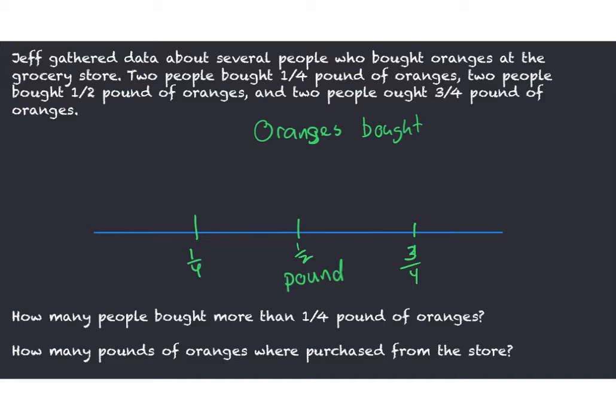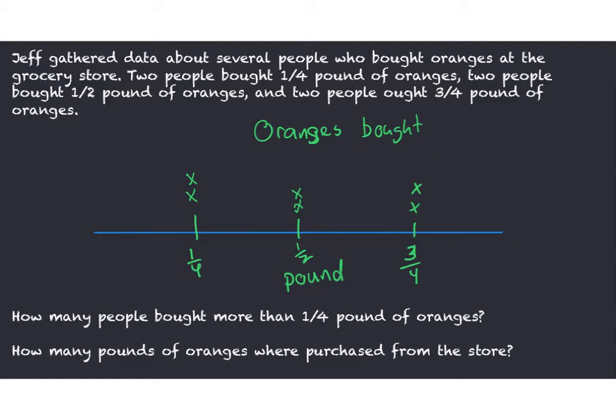Now we need to place the X's to show how often the data is represented in our situation here. And so for 1/4 of a pound, there are 2 people that bought that. There are 2 people that bought 1/2 pound, and there are 2 people that bought 3/4 of a pound.